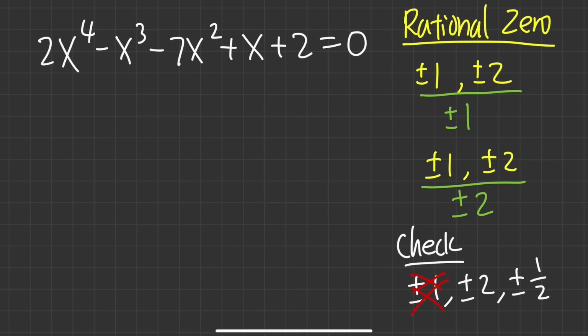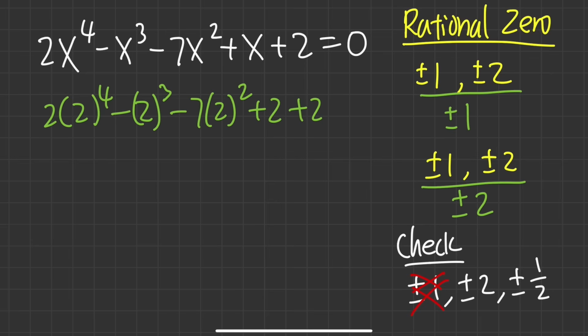Now let's try when x is 2. So let's try the 2 right here. So 2 times 2 to the 4th power minus 2 to the 3rd power minus 7 times 2 to the 2nd plus 2 plus 2. Do we get 0? This is my question mark.